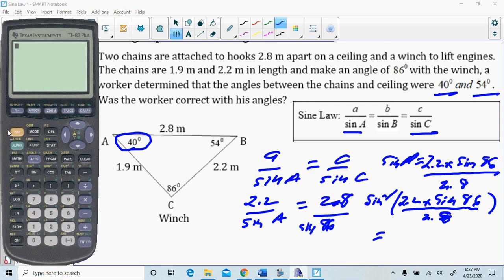So again, it is an angle, so we're going to go second function sine, and we'll put everything in. So 2.2 times sine of 86. And we've already put this into degree mode, so everything's good to go. And then we're going to divide by 2.8. So we get 51, and then some decimals after that. So we'll just write that down here, 51.6.